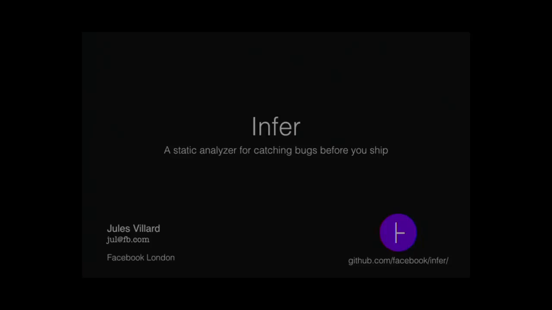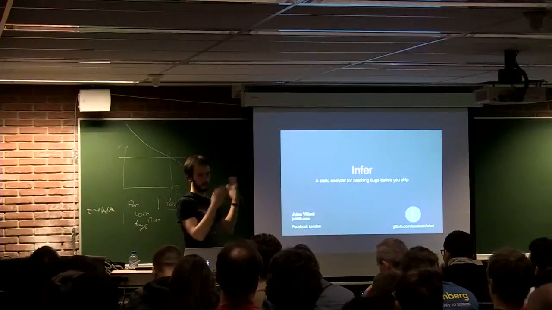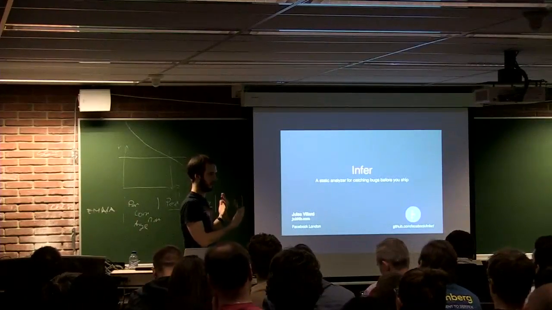So there are several issues in what you mentioned that all need to be tackled. So the CFG itself is just another representation of the AST, so it's nothing particularly complicated there.